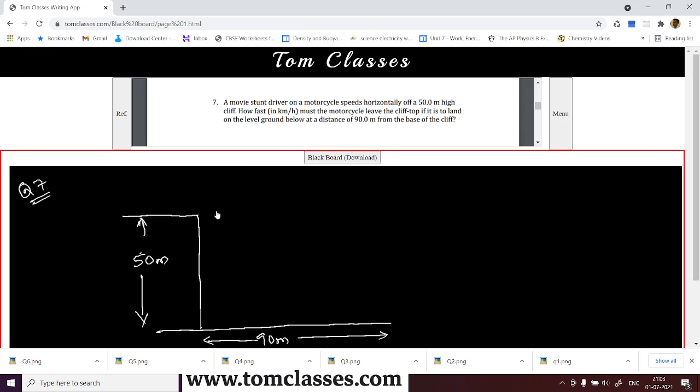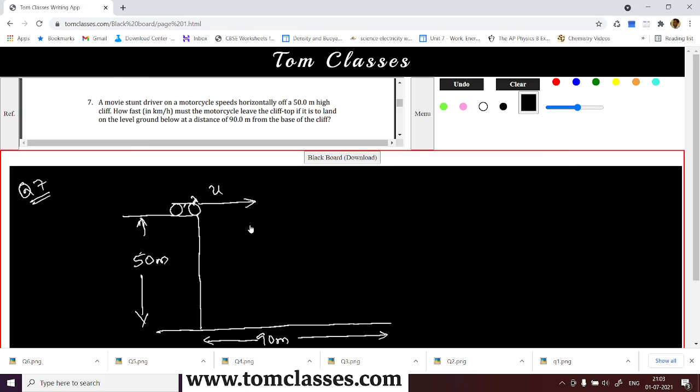So there is a biker, and it has to go off horizontally, so u, that is what it is. The trajectory which it will follow is something like this, and it is going to land over here.